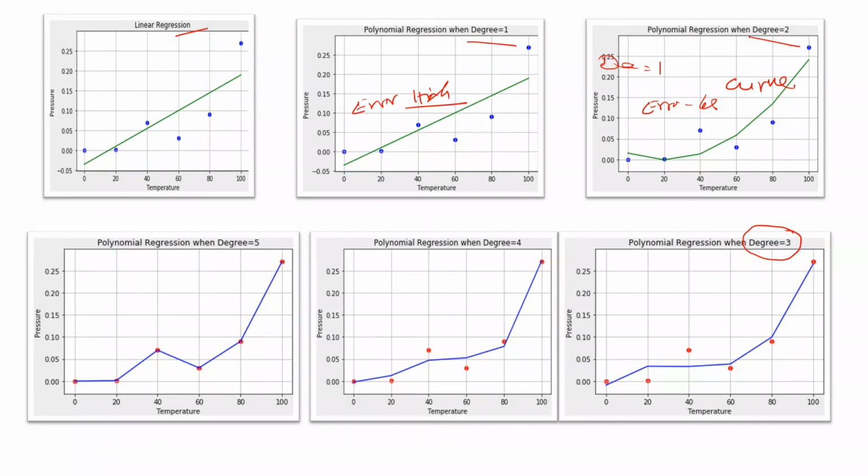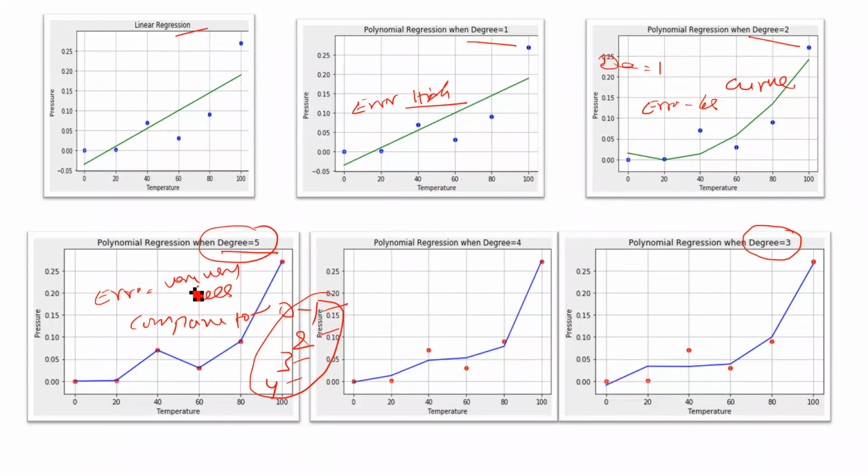So as the degree increases like that, the error keeps decreasing. When the degree is 5, the curve passes through all the data points, so the error is very low compared to degree 1, degree 2, degree 3 and degree 4.